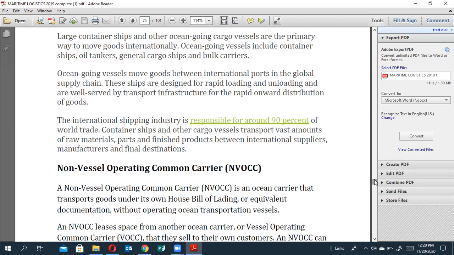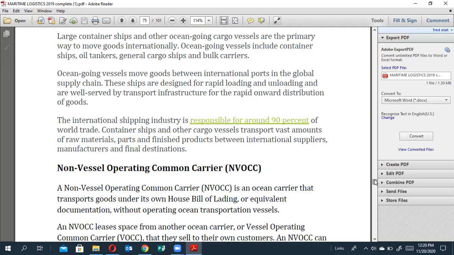Ocean-going vessels include container ships, oil tankers, general cargo ships, and bulk carriers, and they move goods between international ports in the global supply chain. These ships are normally designed for rapid loading and unloading and are well served by transport infrastructure for the rapid onward distribution of goods.